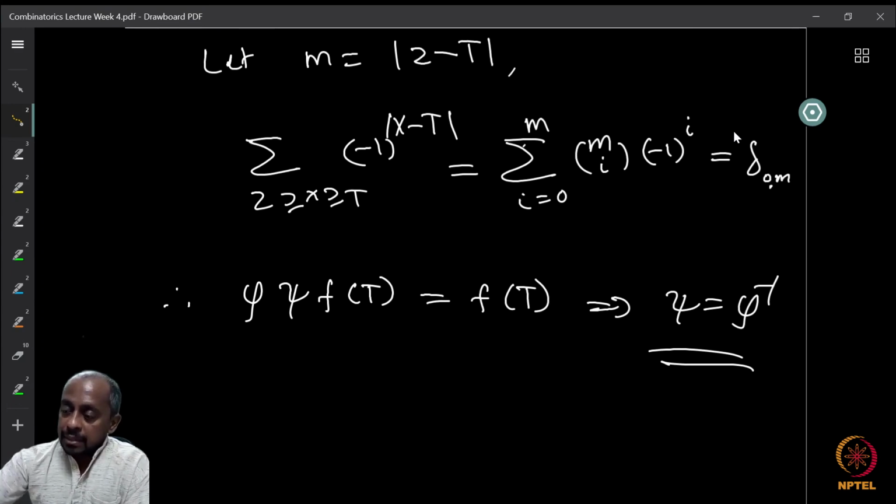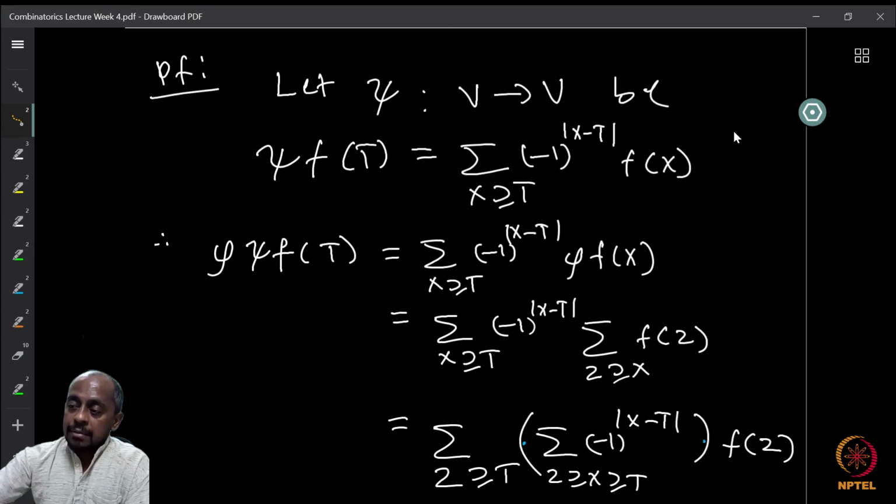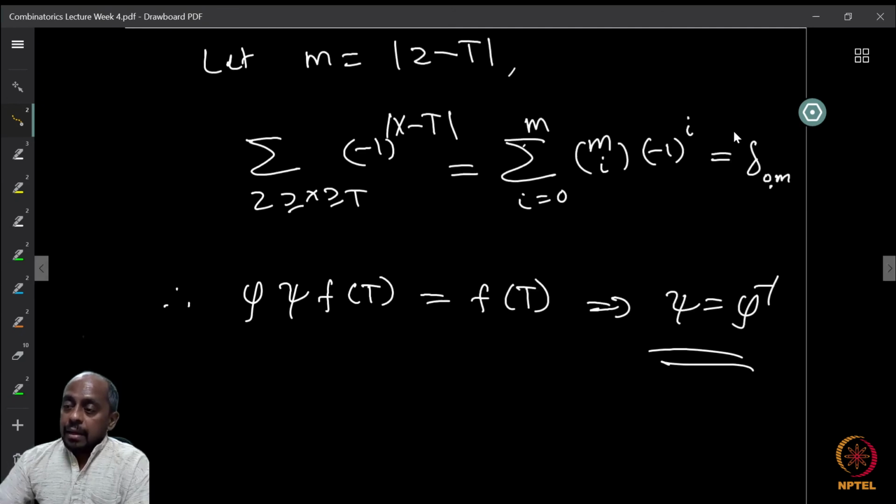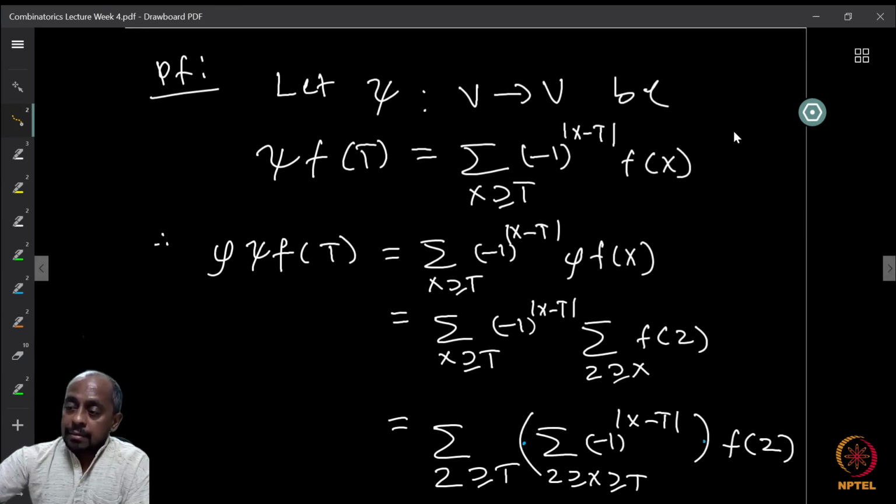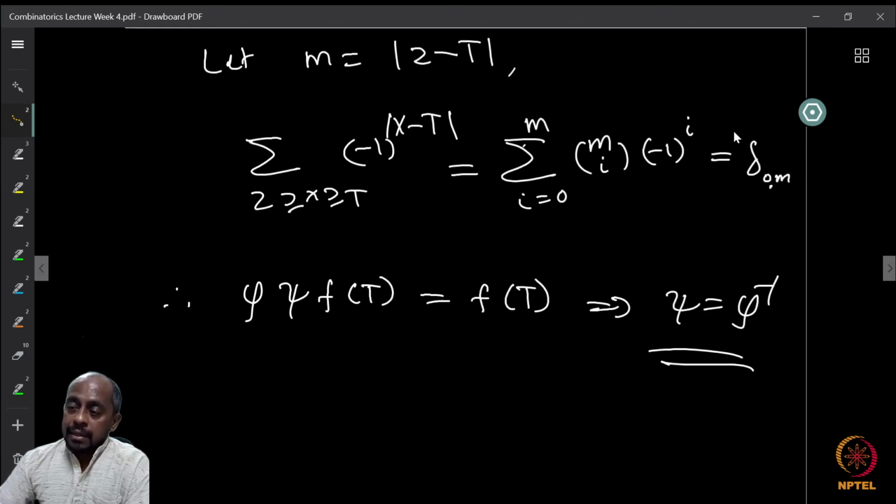So in the summation, the only term that survives is f of t, and everything else disappears. In that case, the summation here is precisely 1. So therefore, we get f of t on the right hand side. So phi psi f of t is equal to f of t, which means that phi psi is the identity, or psi is the inverse of phi. So that proves the theorem.